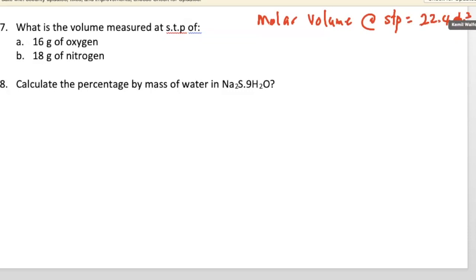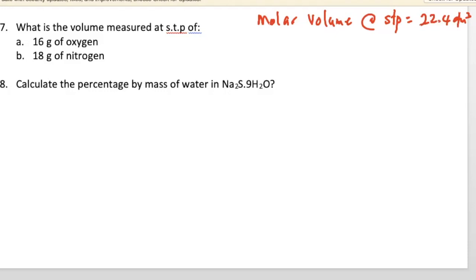All right. So we want to know what is the volume measured at STP of 16 grams of oxygen. So we're concerned now about volume of gas and mass. Since we know that molar volume is 22.4, 1 mole of the gas would occupy this volume. But we know that 1 mole of any gas also has a molar mass.